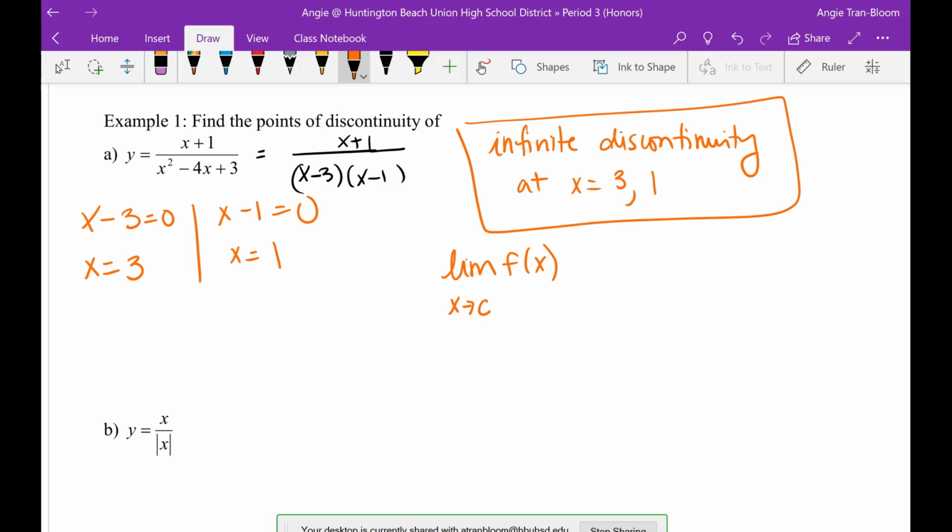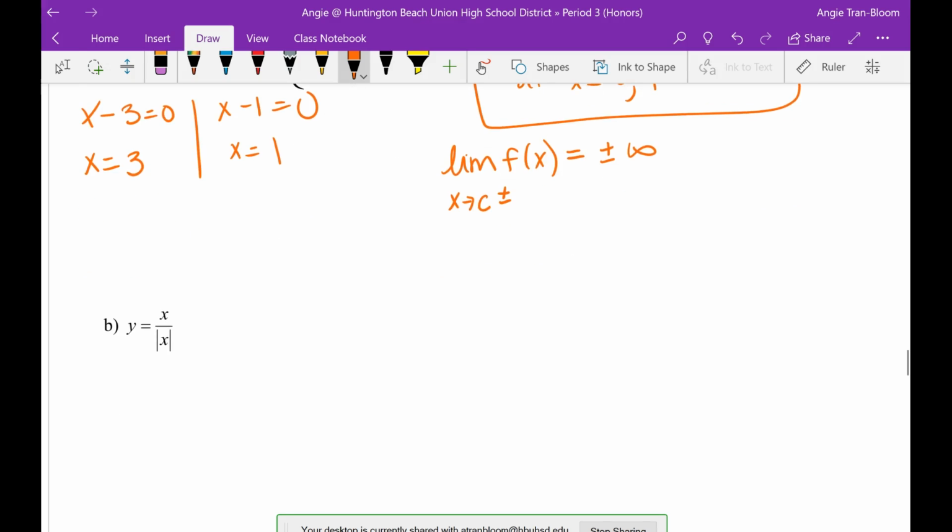So, as x approaches c from the right or left, right? Doesn't matter, does it? It equals either positive or negative infinity. This is just a definition of vertical asymptote. If you flip back your notes, vertical asymptote is the same exact definition. Could I have multiple vertical asymptotes? Yes. Sure. So that's what it is.